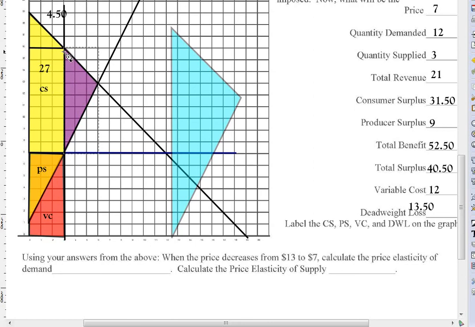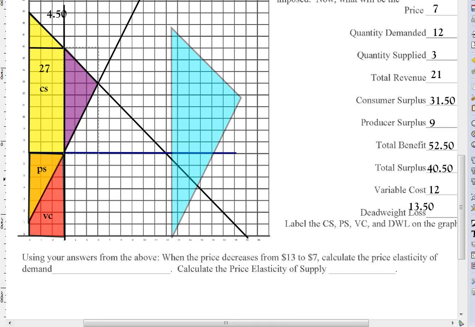So if we think about it that way, the base is 1, 2, 3, 4, 5, 6, 7, 8, 9. It's the distance between 7 and 16. And the height is 1, 2, 3. The distance between the 3 and the 6 units. So 1/2 times 9 times 3. 3 times 9 is 27. Half of that, the same 13.50 that we were talking about before.